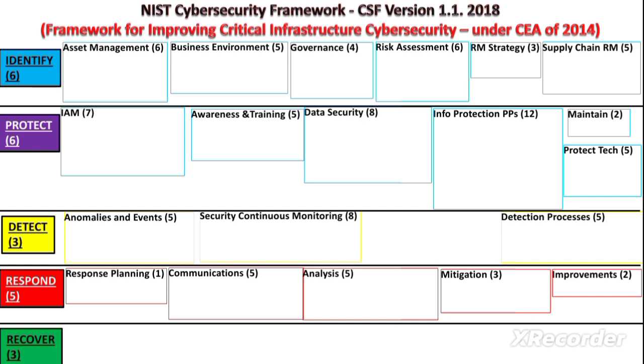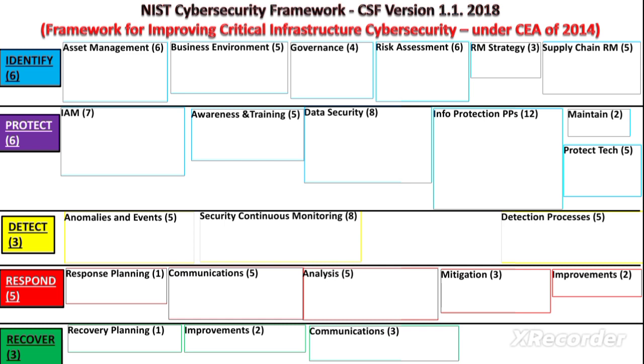And in respond, the categories are response planning, communication, analysis, mitigation, and improvement of your incident response. And in recover, the recovery planning, then improvement of recovery plans, and then communication with all stakeholders to ensure appropriate recovery of your information services. So I have highlighted different numbers of sub activities or subcategories within each of these main categories.